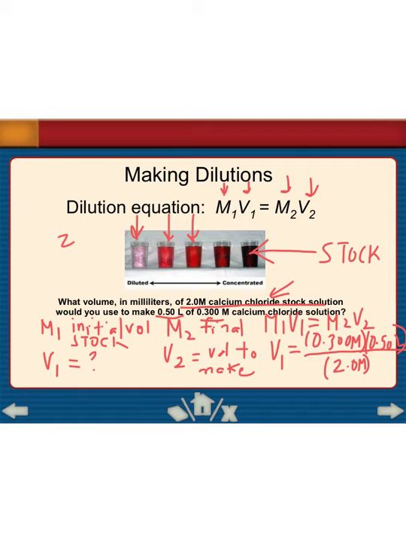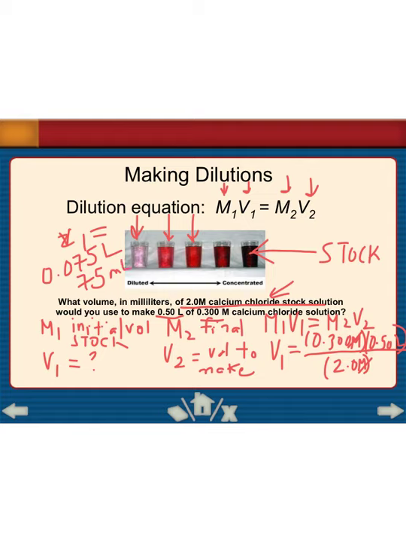So if we go ahead and do that, if you cancel the units, V1 will come out to have units of liters, which is what we want. So we come out with 0.075 liters or 75 milliliters.